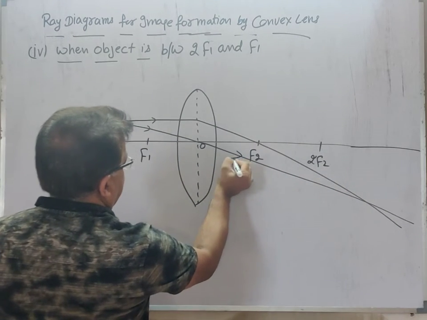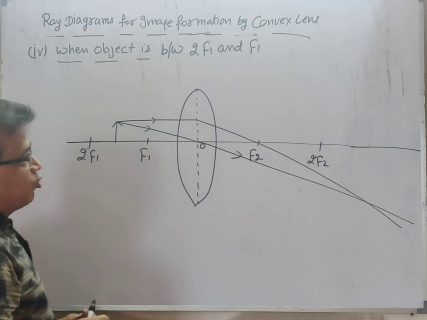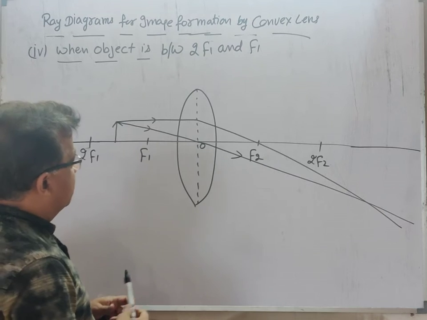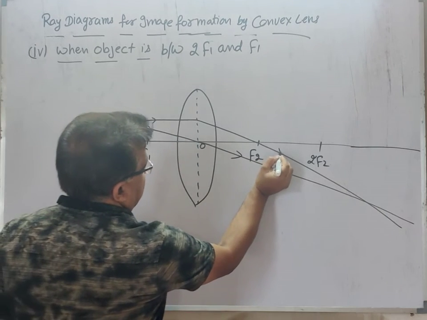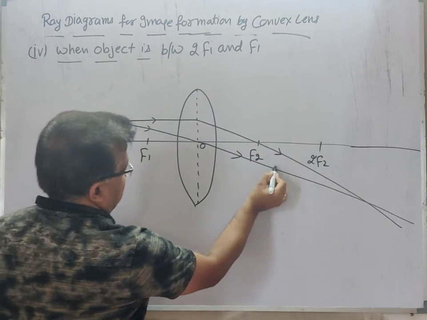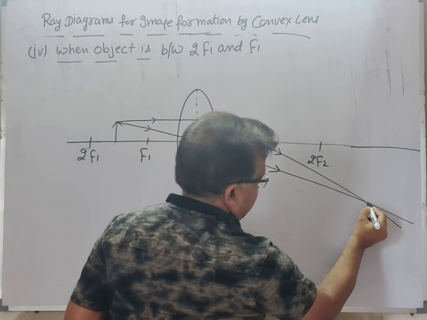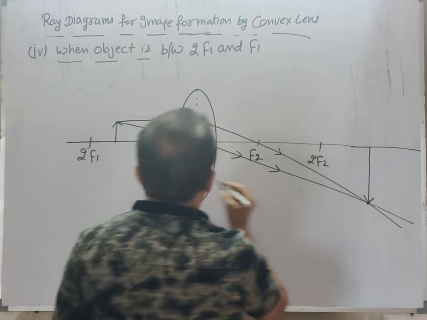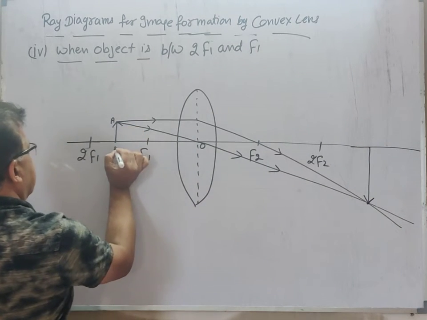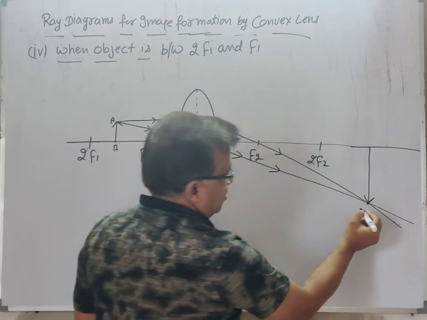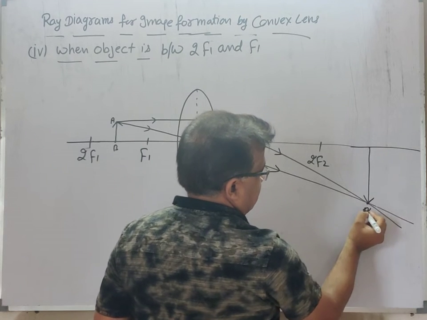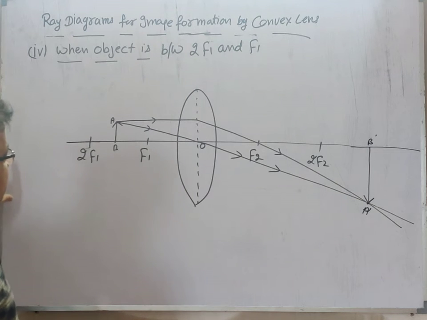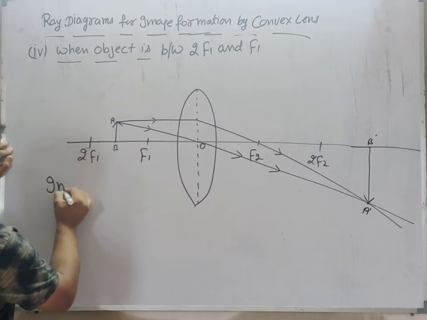Remember, you will always draw diagrams with scale, compass, etc. So incident ray, refracted ray, incident, refracted, and they will meet here. It is object AB, and it is image A dash B dash.